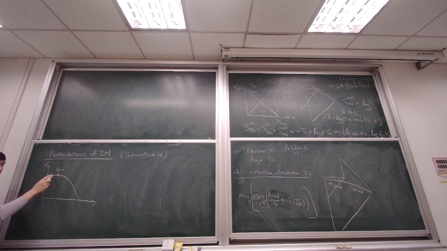Once you do the perturbation, it can drop to an instability. So it's totally unclear whether the black hole is stable under the perturbation.